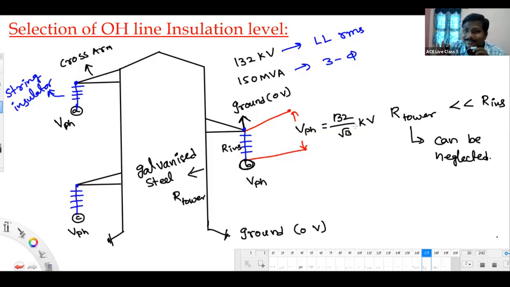Correct or not? Okay, tell me now, can we have a voltage more than this number?